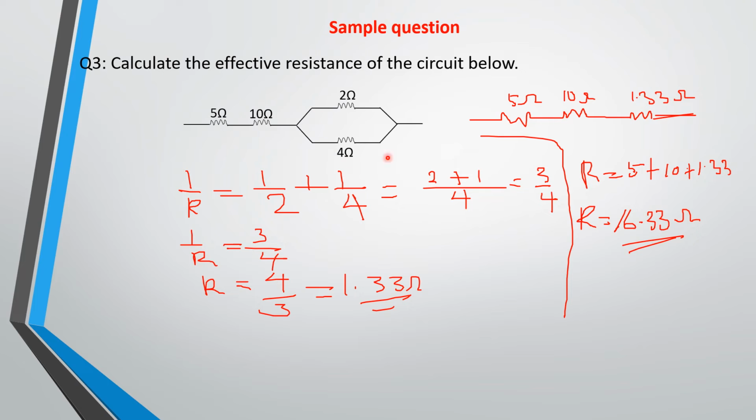So when you have found the overall resistance for the parallel side, you redraw your diagram, and then you can add up and get your overall answer. First of all, finish up with the parallel arrangement so that you can have everything in series. Then you add up your values and get your overall answer. Okay, so I hope this one is clear.